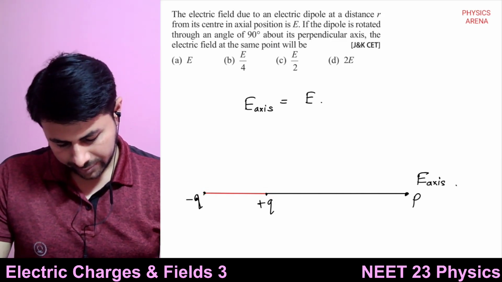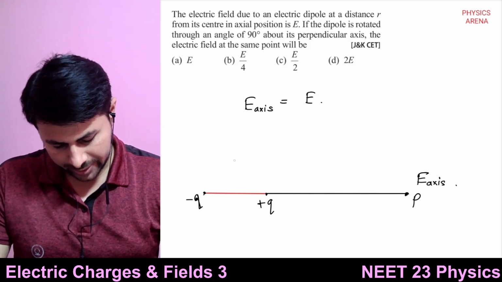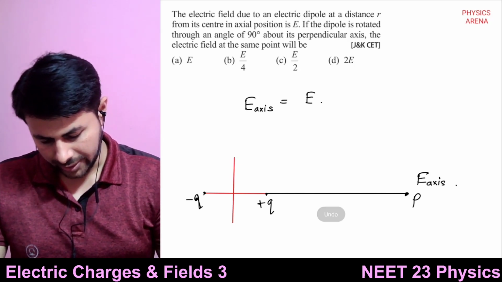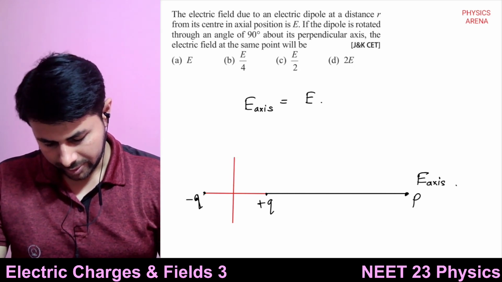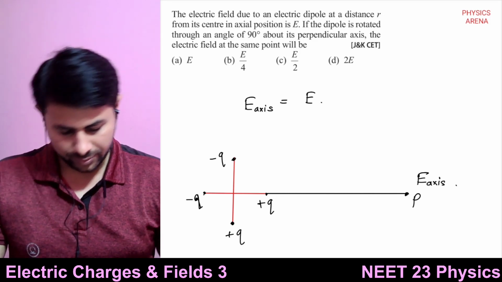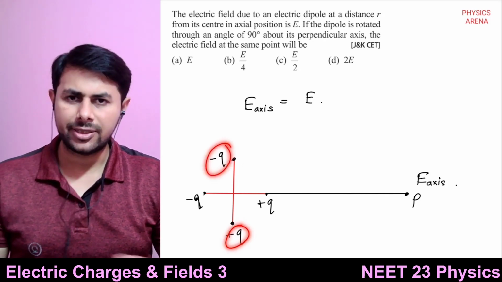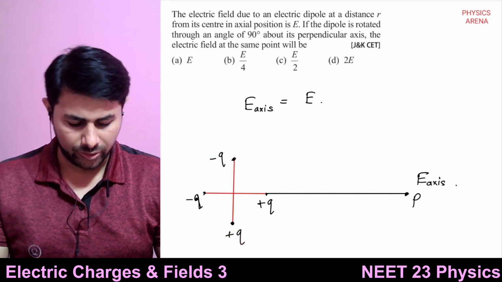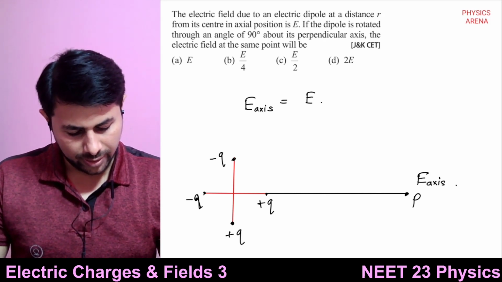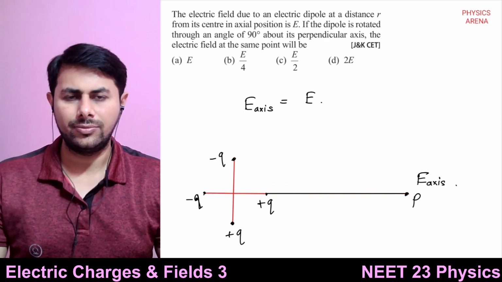Okay, so the new position of dipole will be like this, right? So this is plus Q, minus Q, or okay, this will be minus Q and this will be plus Q, depending upon how you rotate it. So it's rotated by 90 degrees. Okay, so this point will be at equator now.